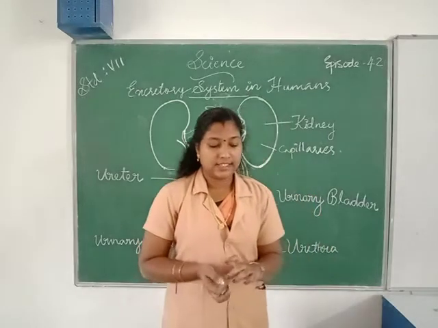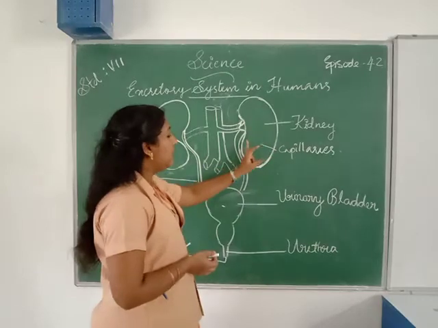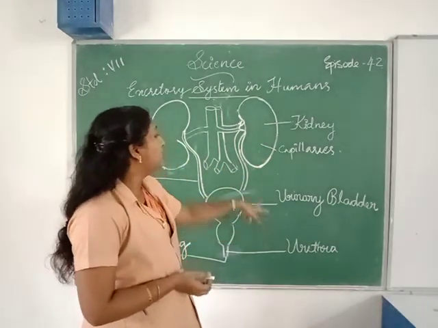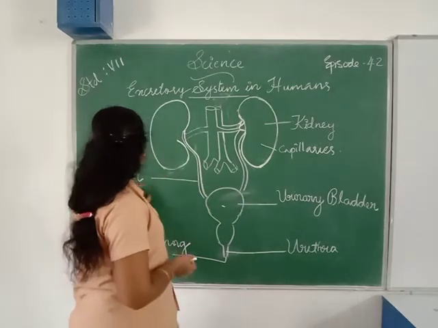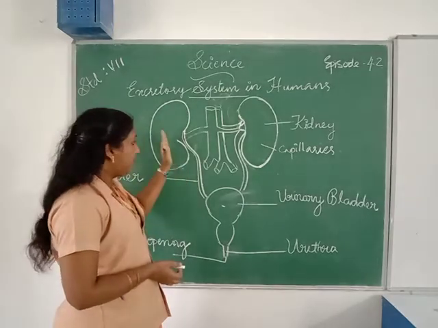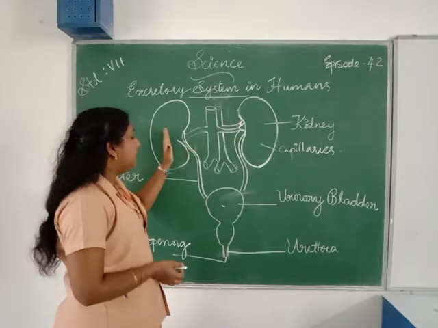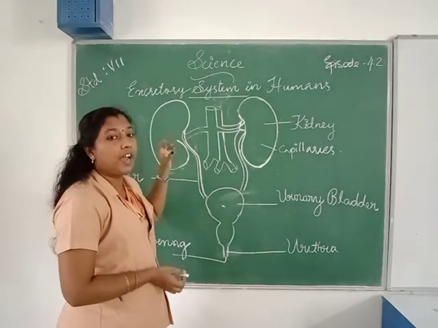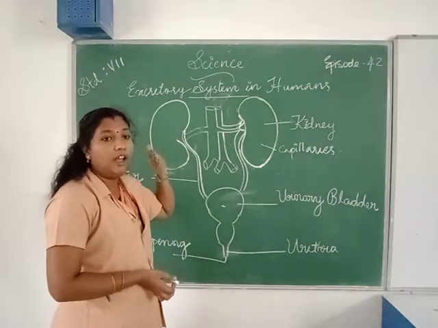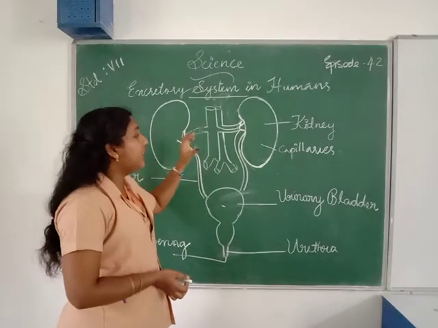From the kidneys the urine goes into the urinary bladder through a pipe called the ureter. Blood flows inside our body and contains useful and harmful substances. The useful substances are absorbed by the blood itself.